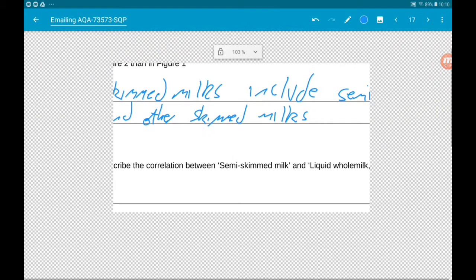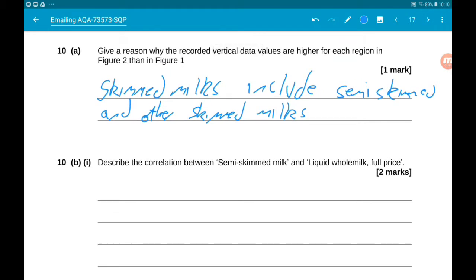So because skimmed milks contains semi-skimmed milks and other skimmed milks, we have got the value for semi-skimmed add the values for the other skimmed milks. Therefore, the vertical points are higher than in figure 1.